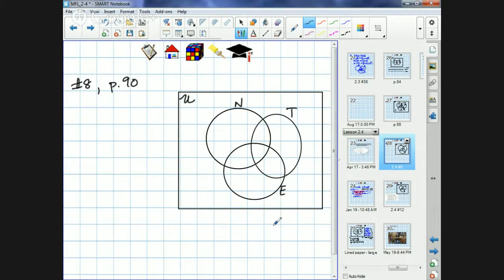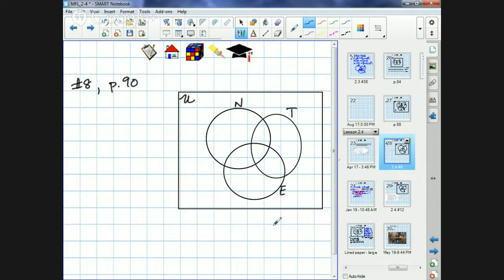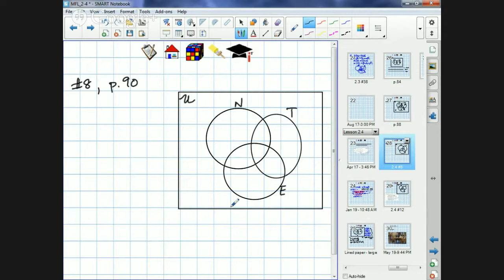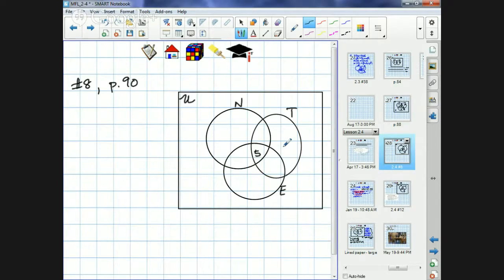So we want to start in the center, where N, E, and T intersect. So 5% have a 9, 10, and 11 a.m. class. So 5 goes in that central part. Then we work our way out from there.